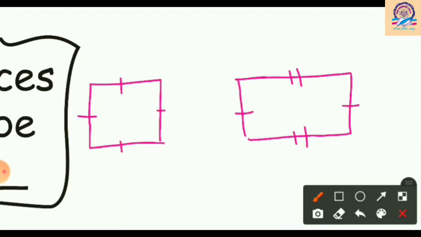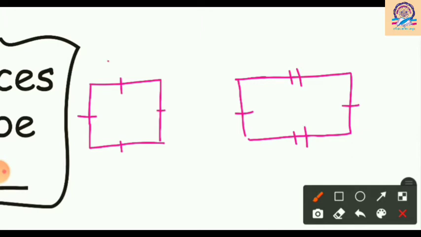Both the square and rectangle are 2D shapes, we all know. But if we give a height to this square and rectangle, they get converted into a cube and a cuboid. How? Let's see.